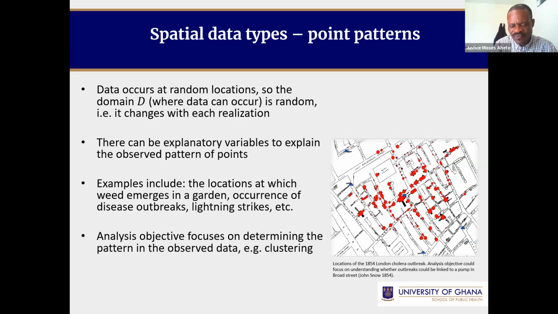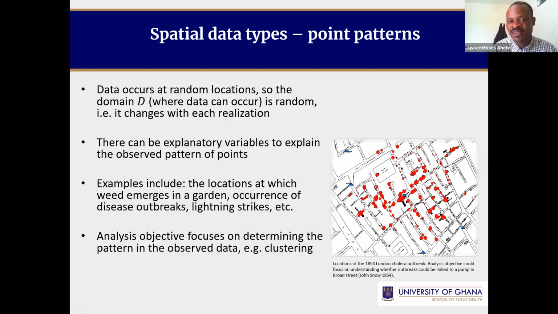So here you just want to find out why things are clustered in space, and you index that with a point. And that is what he has done. So here we say data occurs at a random location, so the domain D, where the data can occur, is random. It changes with each realization. So anytime new data is available, the size of it changes.